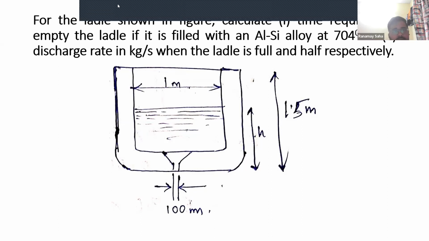I'll give you the data. You can note it down. You can take the density of the molten metal as 2700 kg per meter cube. And you will require the viscosity of the material, which you can take as 0.00273 kg per meter second. I'll write it down for you rather.